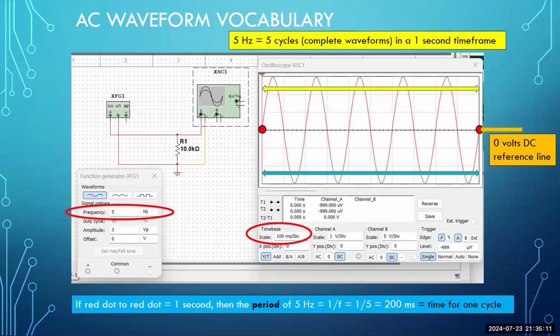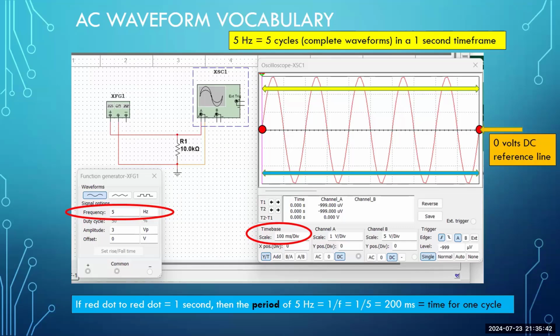So what I have on the oscilloscope is 1 second between the red dots, and how many complete cycles do I have between the 2 red dots? I have 5 complete cycles. So if the 2 red dots represent a time of 1 second, and I have 5 complete waveforms between the first red dot and the last red dot, I have 5 cycles per second, otherwise known as 5 hertz, okay?